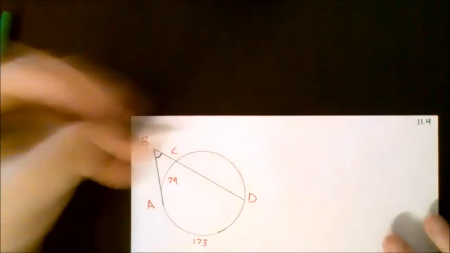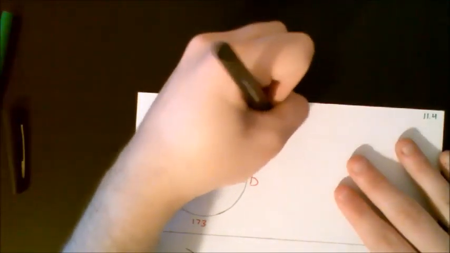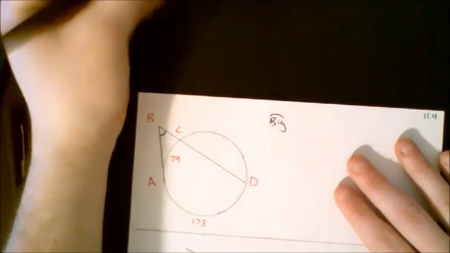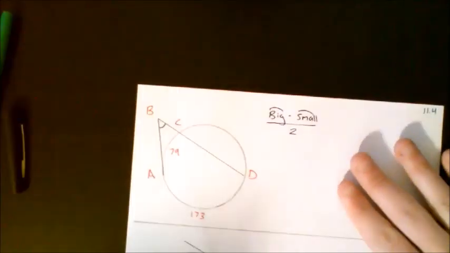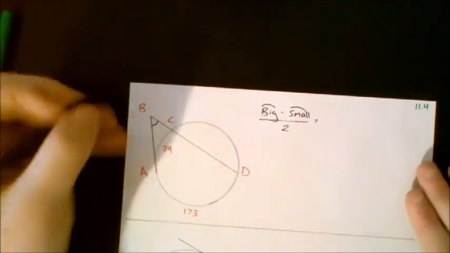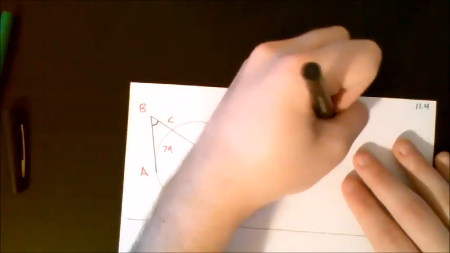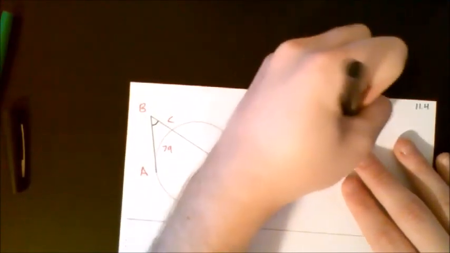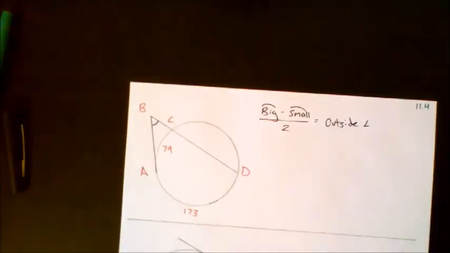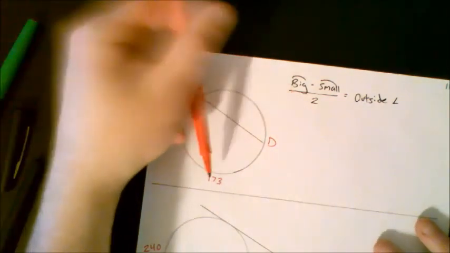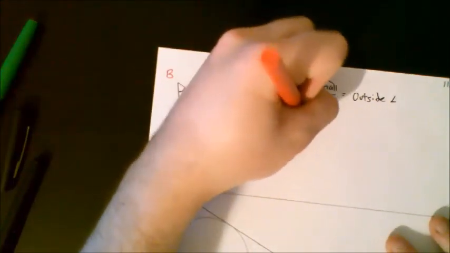So if you wanted to think of a generic equation, we could say the big arc minus the small arc divided by 2 equals the outside angle. All right, so let's just plug everything in. We know the big arc is 173 degrees minus the small arc is 79.